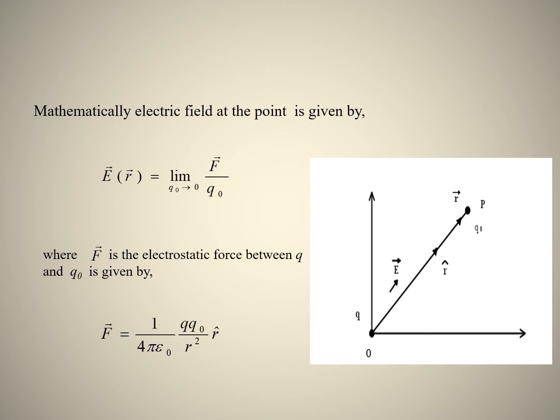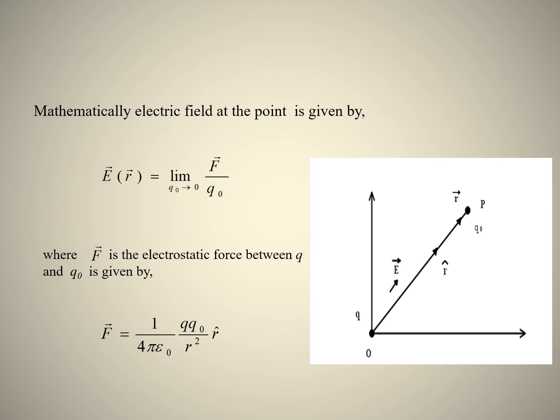It means that it is the ratio between the electrostatic force acting between Q and Q0 and Q0 when Q0 is very, very small. Here F is the electrostatic force between the two charges Q and Q0 and is given by F is equal to 1 by 4 pi epsilon naught Q into Q0 by r square.